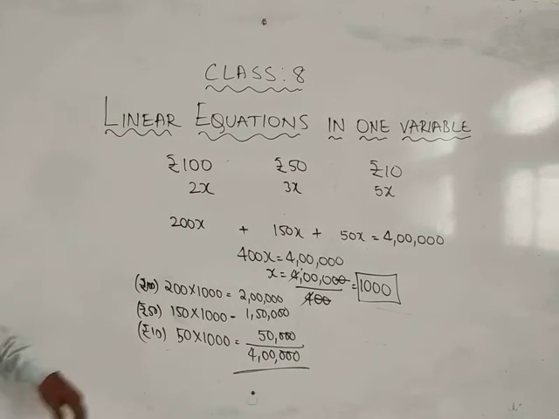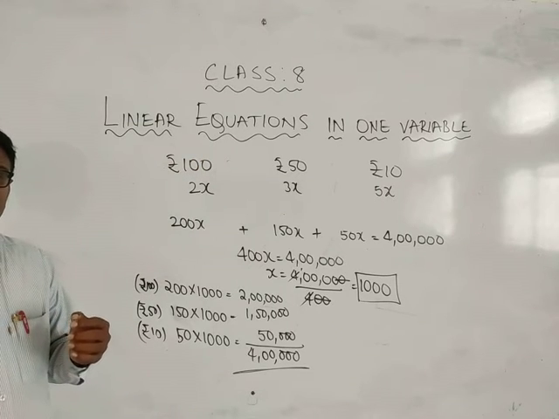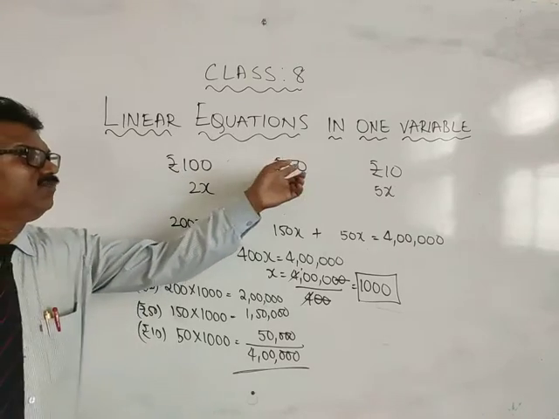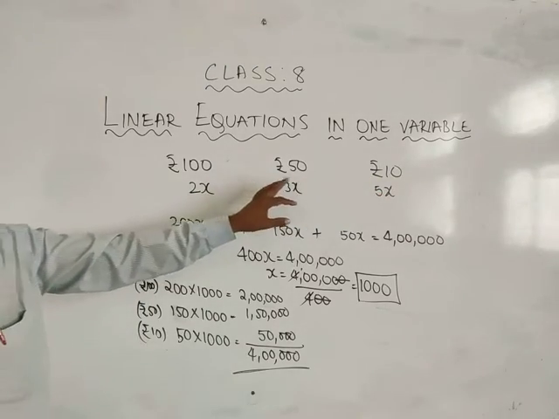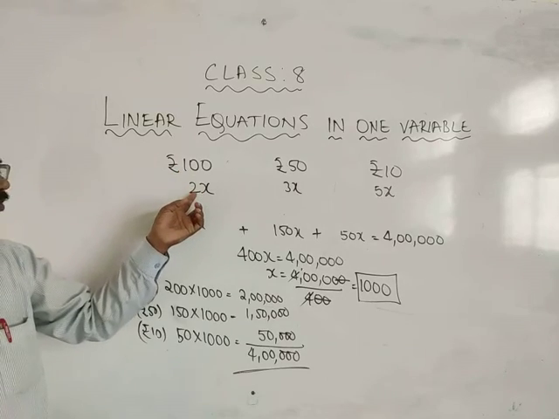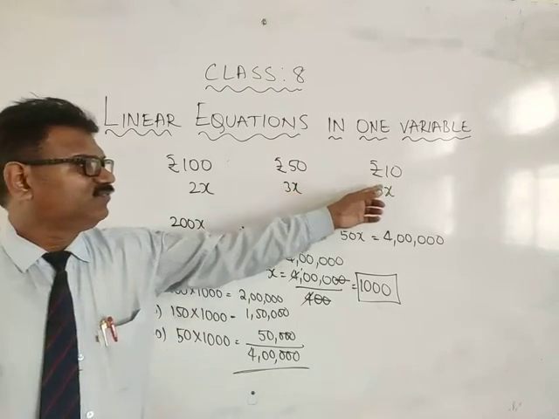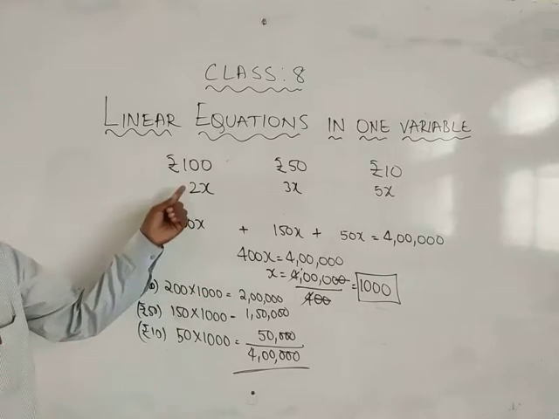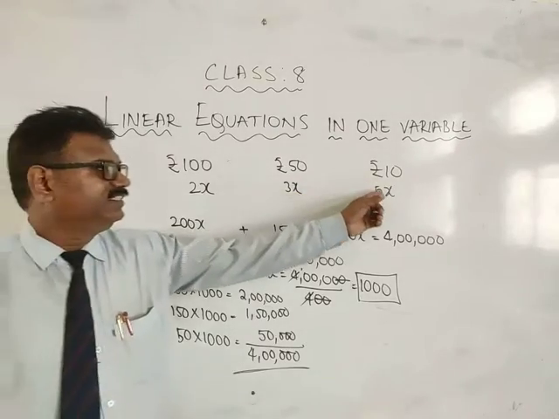Like this. Okay? So Lakshmi has denominations. You know denominations, the different types of notes, like 100 rupees notes, 50 rupees notes and 10 rupees notes. But the total amount is how much? It is 4 lakh. Therefore, let the number of 100 rupees notes be 2x, that of 50 is 3x, and that of 10 rupees notes is 5x. For the total amount, you multiply 100 into 2x, 50 into 3x, and 10 into 5x.